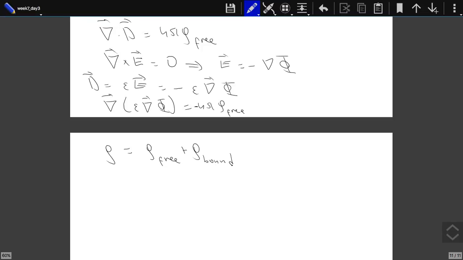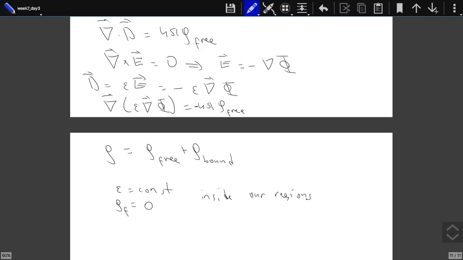Well, in our problem, in region 1 and region 2, epsilon is constant, and rho free is 0 inside our regions.